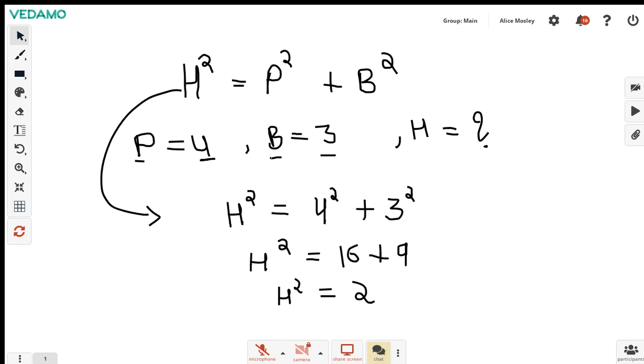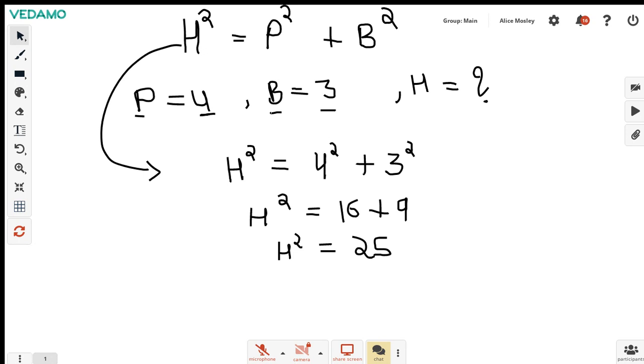Now comes the tricky part. In order to solve the raised to power 2, what we do is we place a square root on both the sides. Okay, we place this symbol on both the sides. Now this symbol cancels out the square.